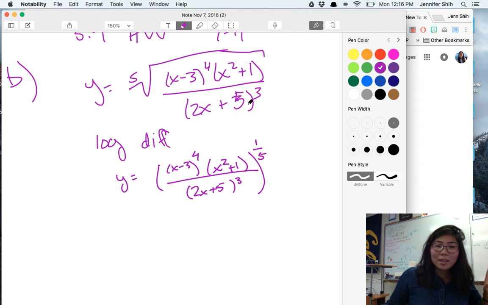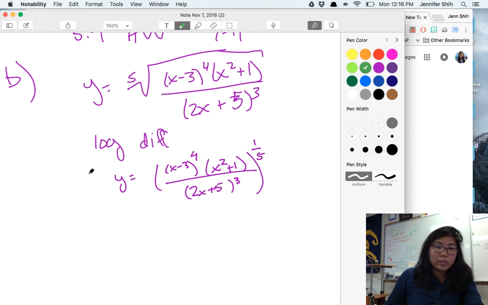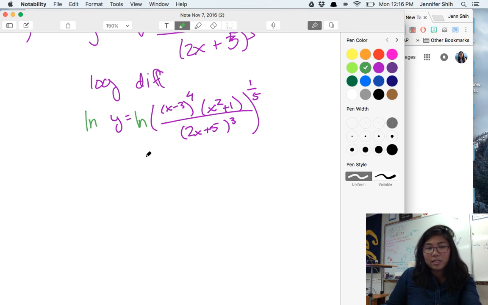This 1/5 is me rewriting the radical, the fifth root, as a fraction exponent. Now I'm going to take the log of both sides. And when I log, I use the natural log because, boo, log base 10. It's all about natural log with base e, woo. I come from a science background, and you'll find in calculus more and more you use natural log.